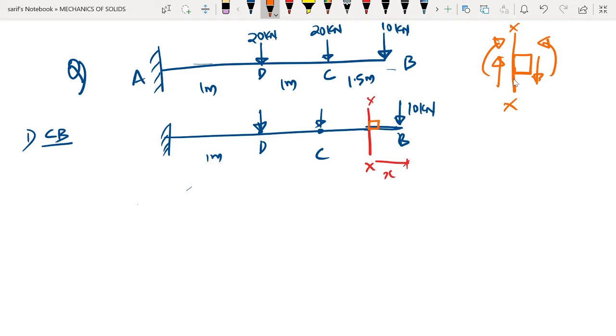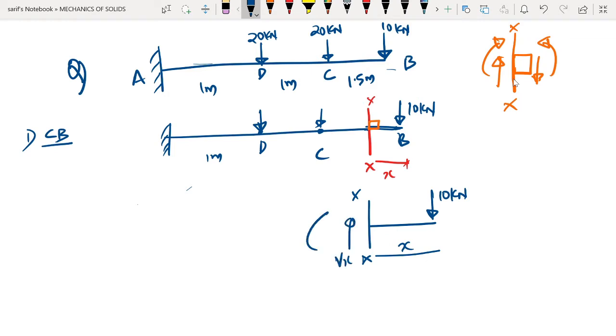We will be considering the free body diagram of the region to the right of the section. So if you draw the free body diagram, this would be the free body diagram.